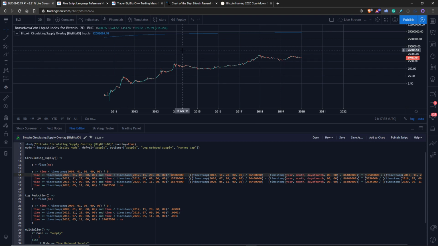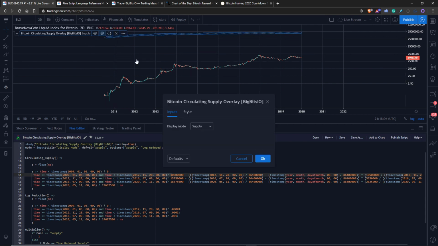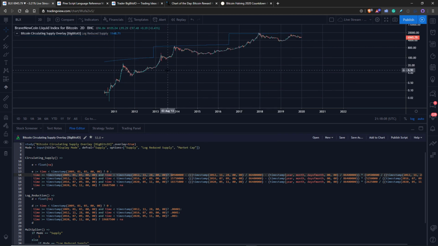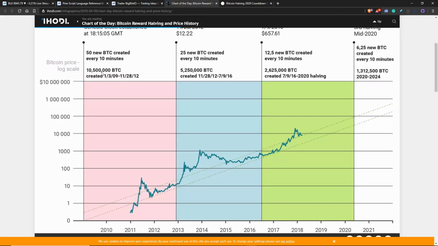But the thing we do to get this number of 4 million, first we start off with the end amount from this halving. So we know at the end of the first halving, let me go back to the log reduced supply because it's a lot easier to see when the halvings occur on that chart. The first halving occurs here, and we know at the end of the first halving there should be 10.5 million coins, and that's based on the Bitcoin algorithm for the block rewards, and you can see that on the chart here.